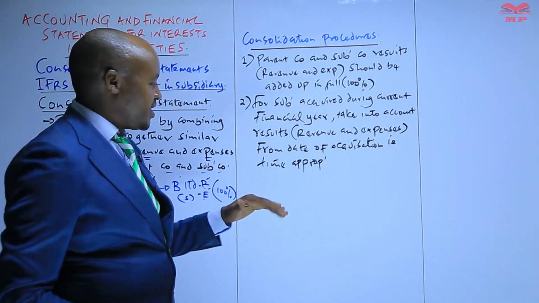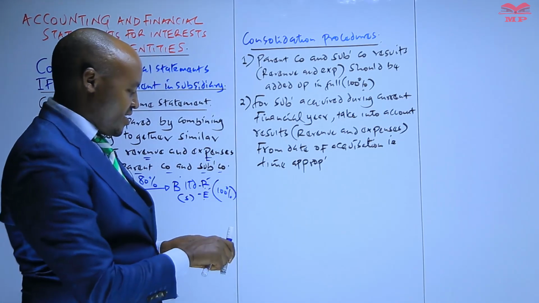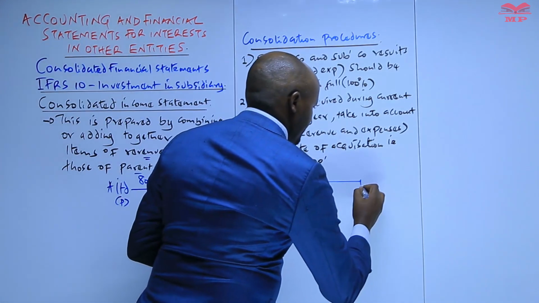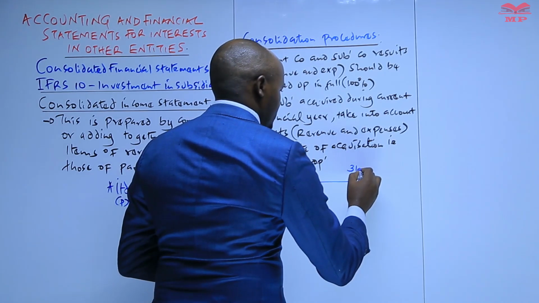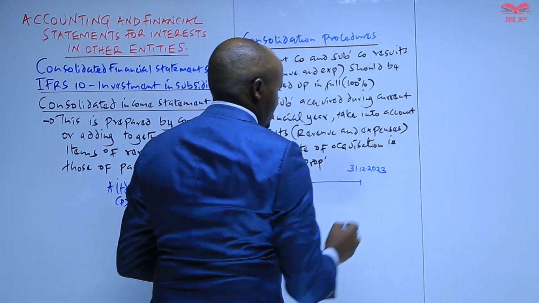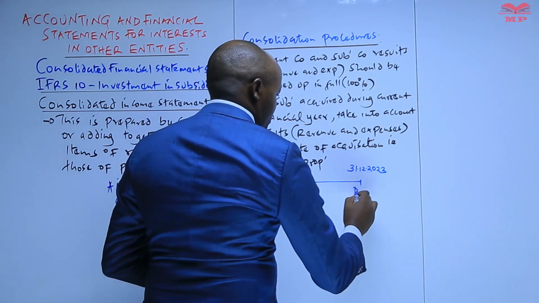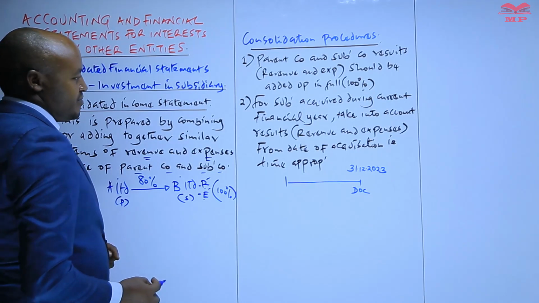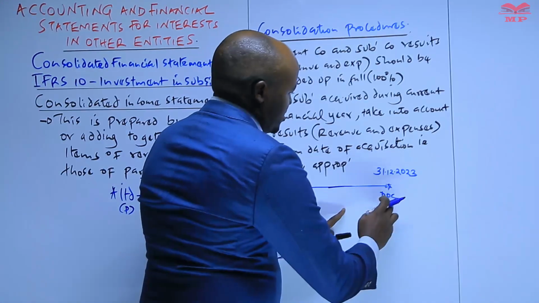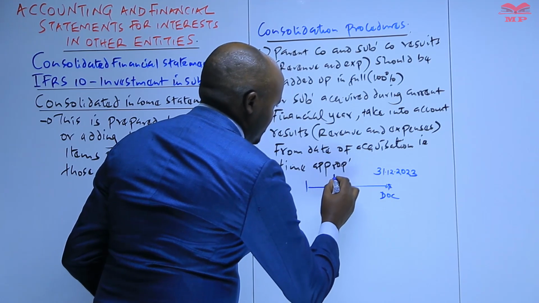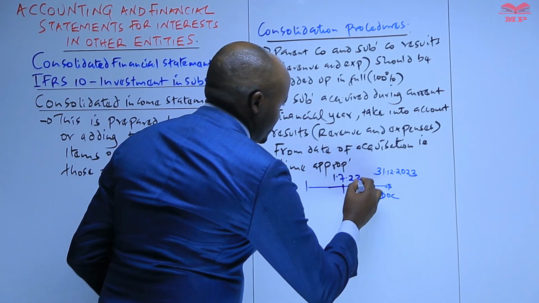It basically means that if, assuming, the current financial year of the group is ending on 31st of December 2023, and that is the date you are required to prepare the consolidated income statement, that particular date we refer to as the date of consolidation. And we also assume that our subsidiary was acquired on 1st of July 2023.